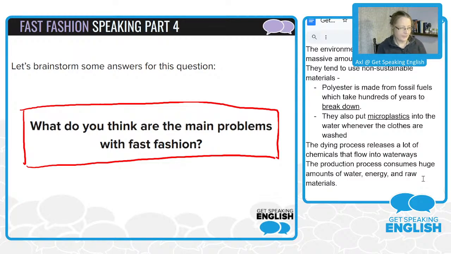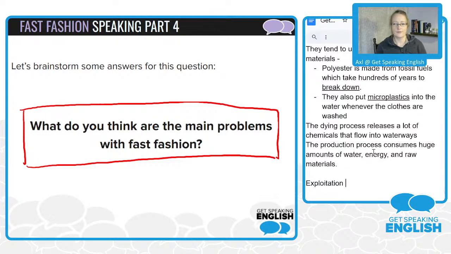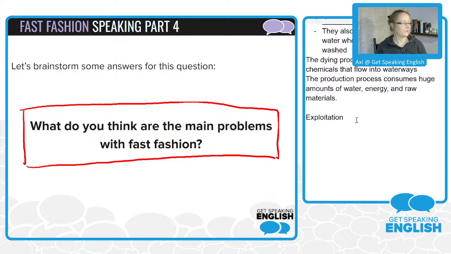Another issue too, right? Just the exploitation. I can see you can't see what I'm writing. The exploitation of workers, maybe, which we talked about a little bit before. So a lot of workers receive poor wages, essentially.